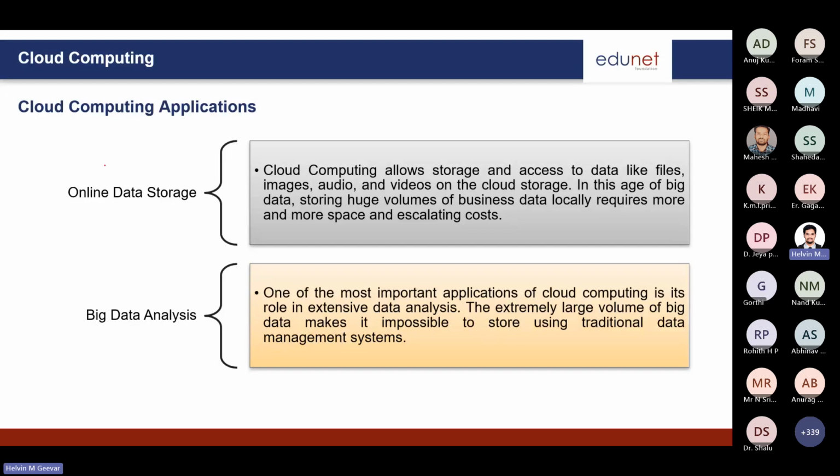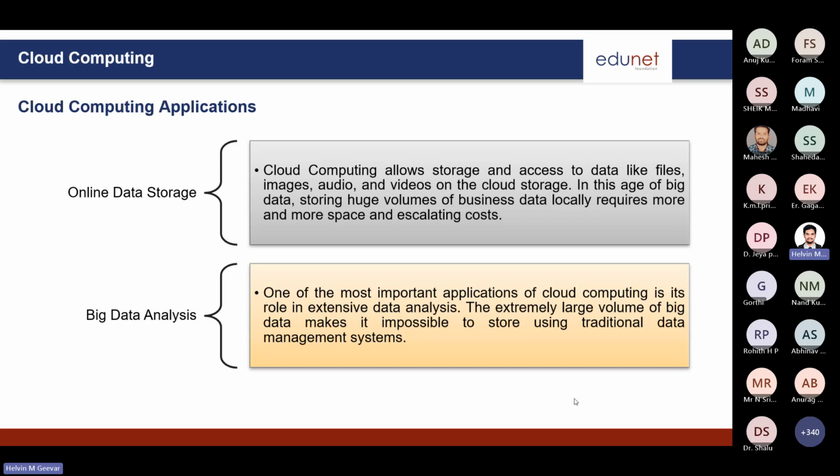So I'll just quickly go through some of the applications, not limited to these, but there are so many others. Whenever I talk about cloud computing, people always mention Google Drive. But that is a very common use case, storing items online. Online data storage has been very popular from the beginning. Now you can also store different types of data, and nowadays it's not limited to multimedia or normal files.